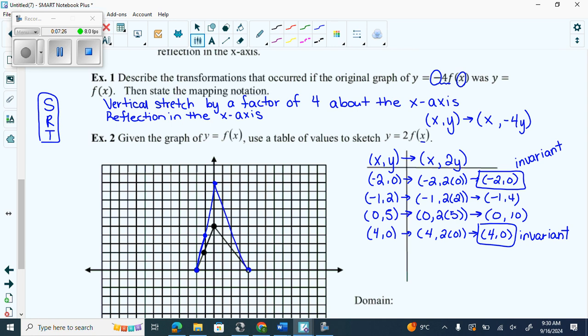So this graph got taller. Does that make sense if I'm vertically stretching it by 2? Everything's doubling, except for where y is equal to 0, right? So it makes sense that it's getting bigger.